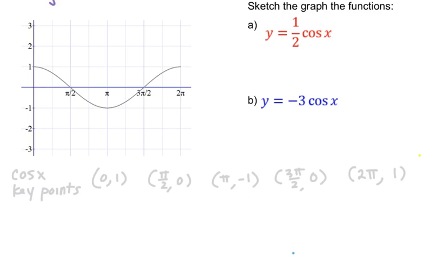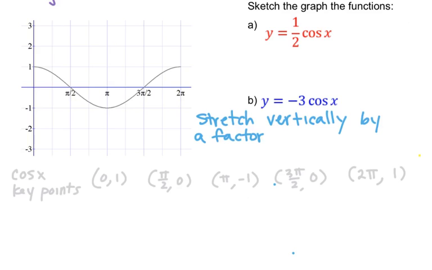So what we know, since the absolute value of -3 is 3, a number greater than 1, it is going to stretch vertically by a factor of 3. It's going to become 3 times as tall. And what the negative does is it makes it reflect over the x-axis.